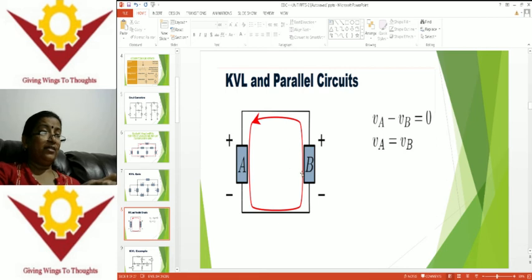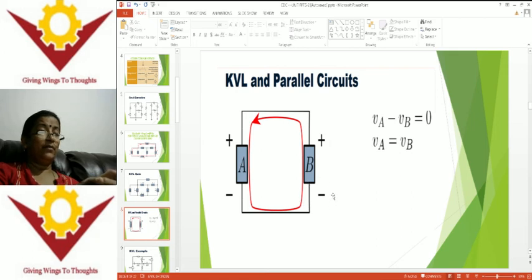Current directions are shown like this: for component A, current flows from plus to minus, that is from higher potential to lower potential, while for B, current flows from lower potential to higher potential. Where the current enters the component, what is the polarity of that particular component at the entrance of the current?